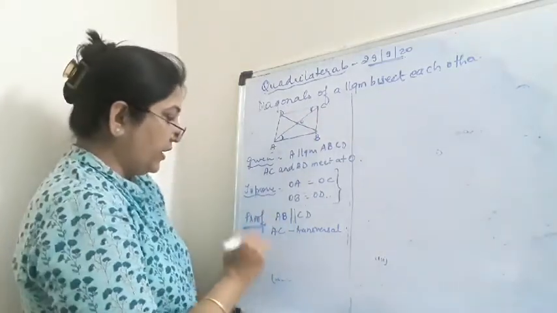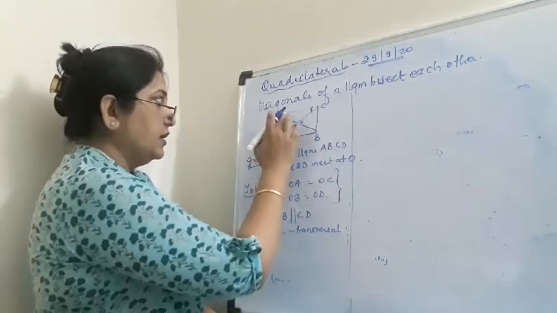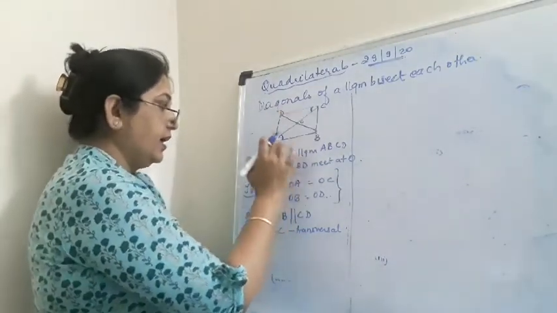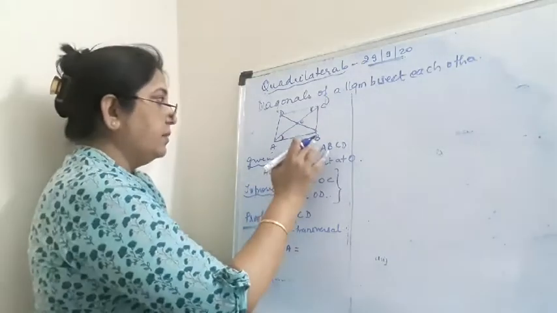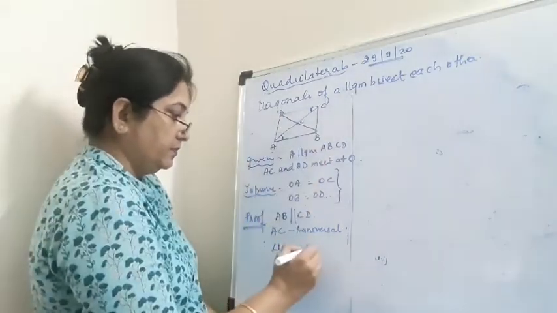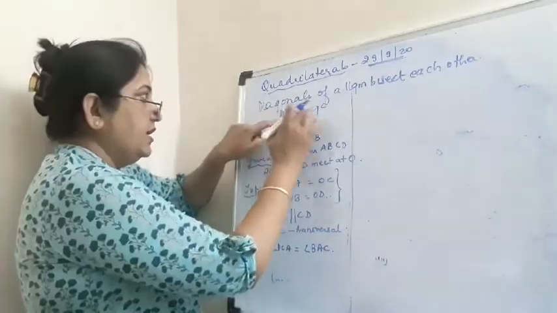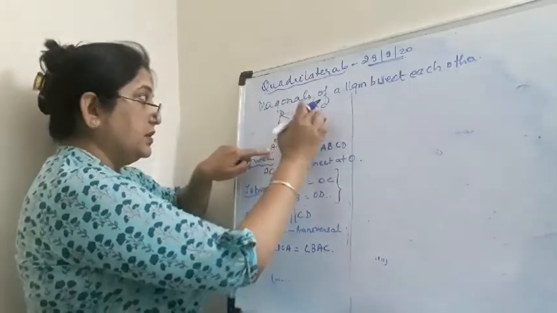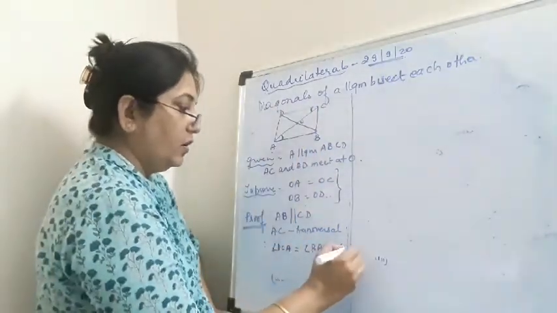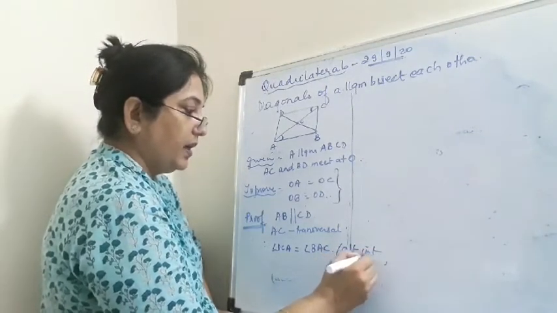Why are they equal? Because the lines are parallel. So we can write angle DCA is equal to angle BAC. Repeat: DCA is equal to BAC. Alternate interior angles are equal as the lines are parallel.